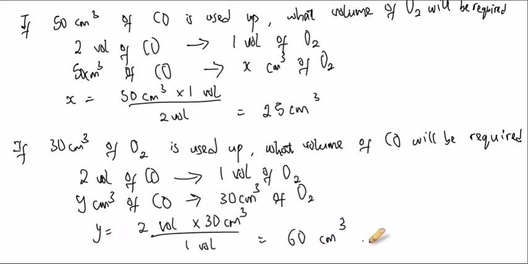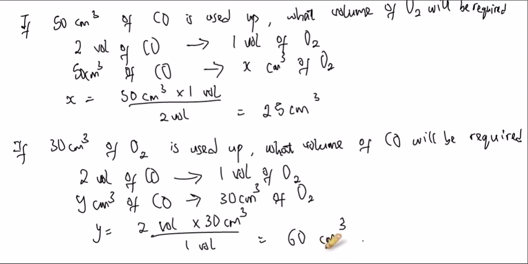So now to know the limiting reactant, we need to see if we have enough of the volumes of the substances provided. Now let's see for oxygen. If we used all of the carbon(II) oxide, we need 25 cm3. Meanwhile, we are provided with 30 cm3. That means we have enough oxygen to be used.